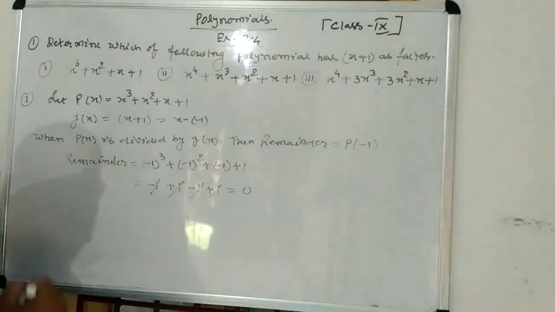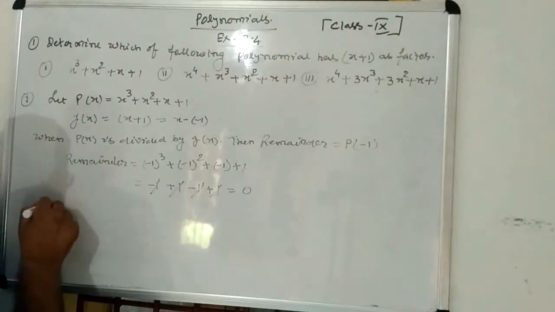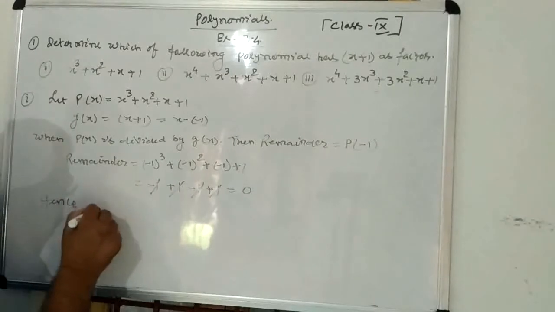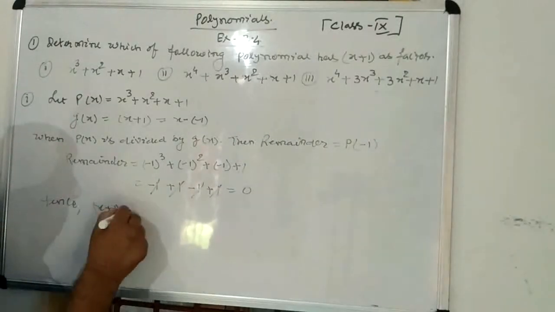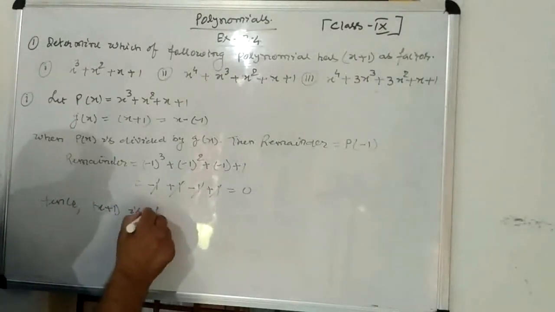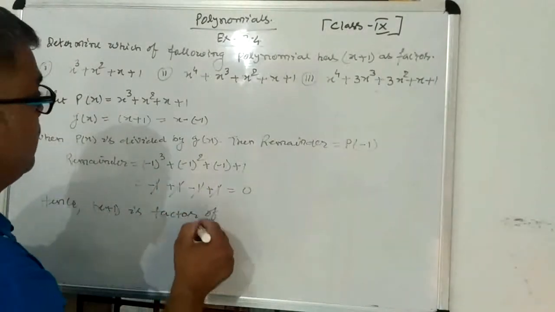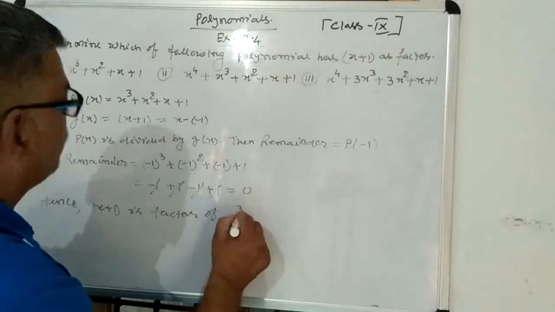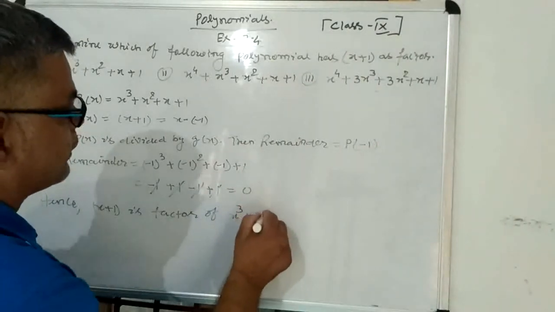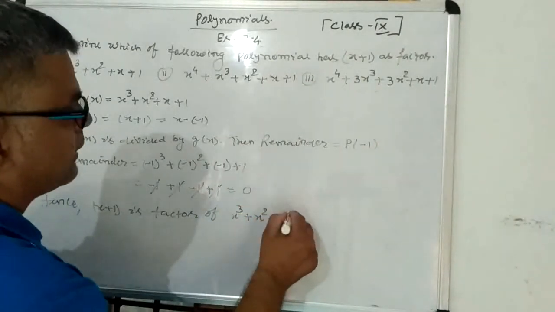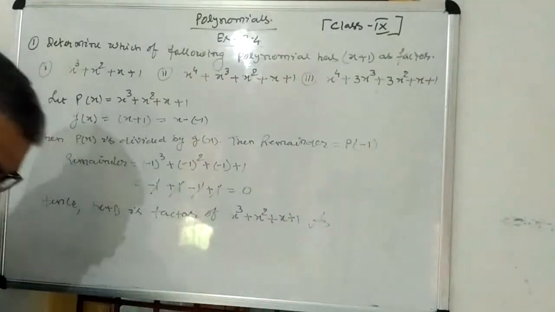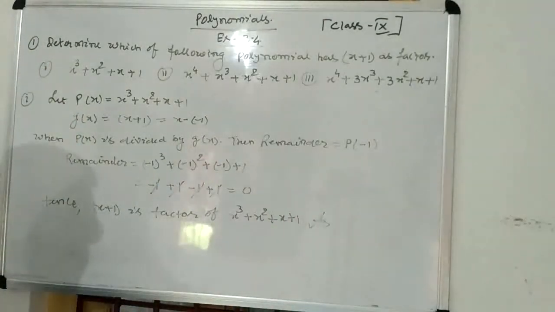Now the remainder is 0. Therefore, you can write, hence x plus 1 is a factor of the polynomial x cube plus x square plus x plus 1, and your question is complete.